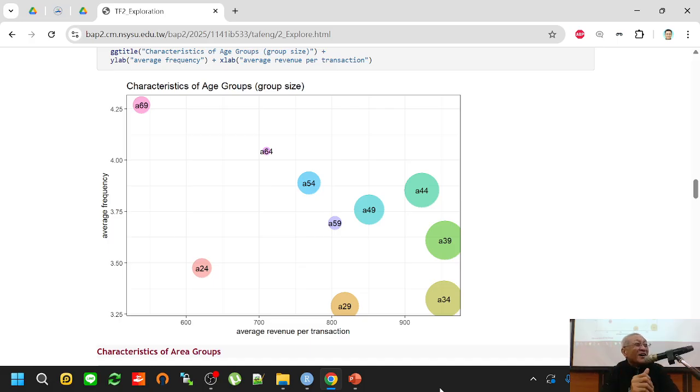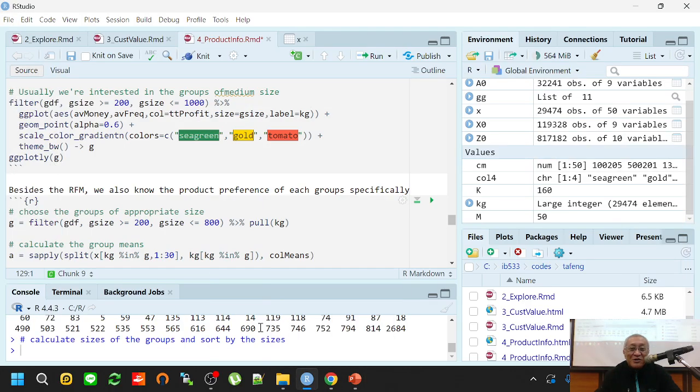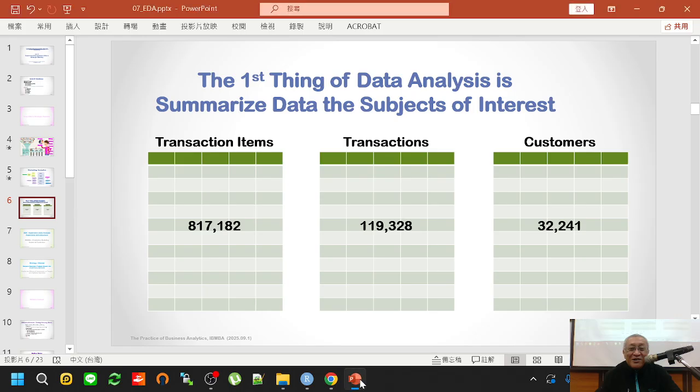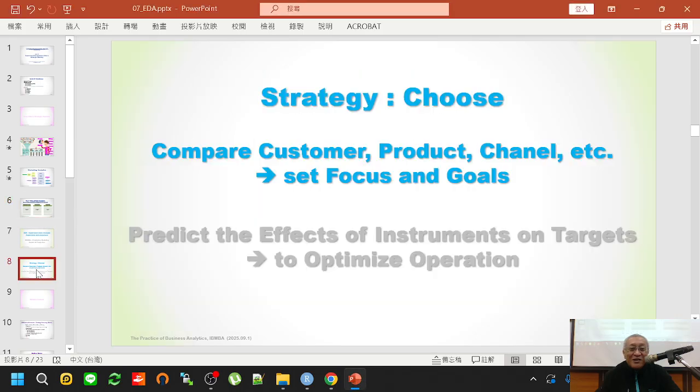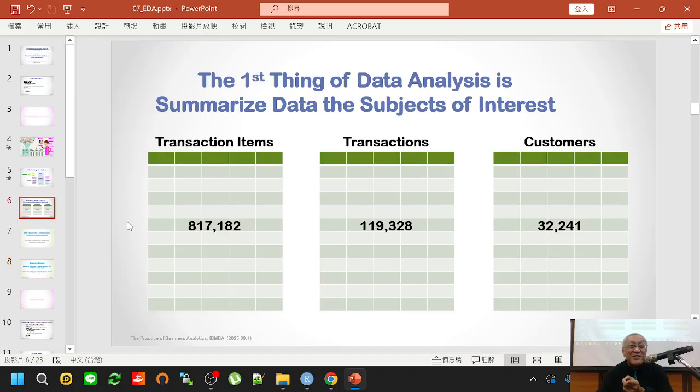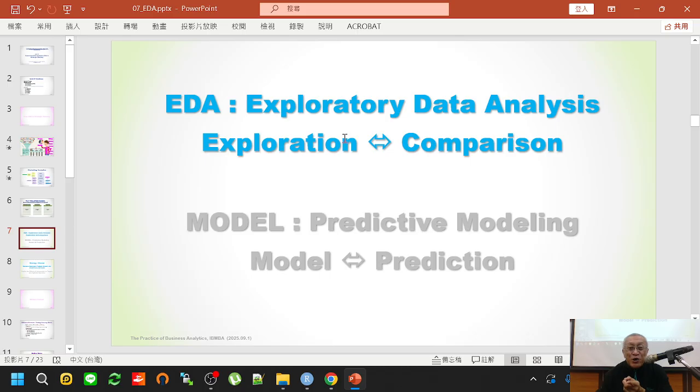The reason that we want to explore is because we are doing exploration by comparison.